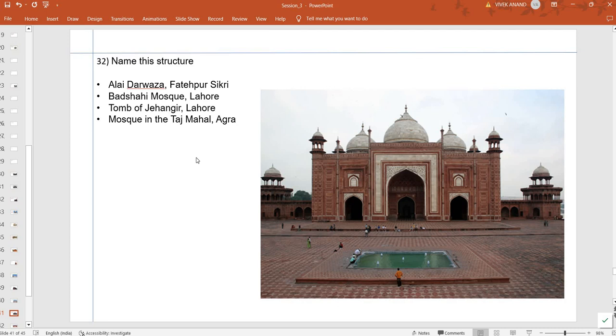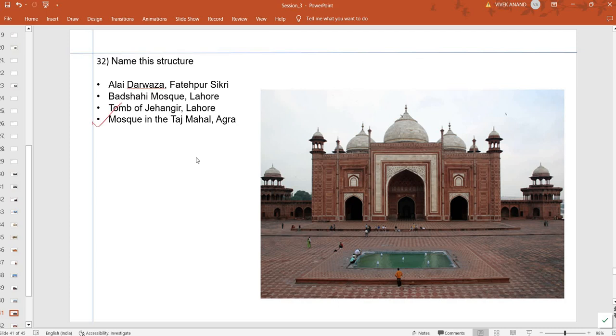In Badshahi Mosque you can see big minarets in the four corners. It has more entrances also. It's more grand in nature. It also has three bulbous domes, similar to this, but yeah, the scale is big. So this is the mosque in the Taj Mahal, Agra.